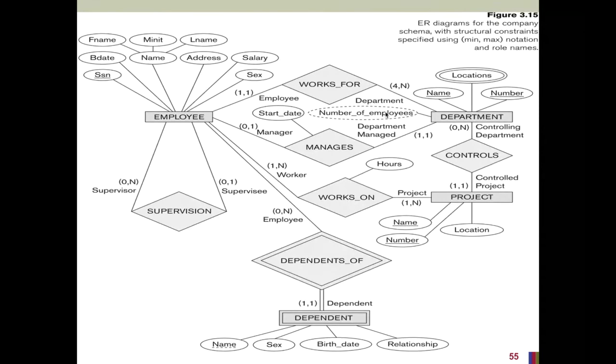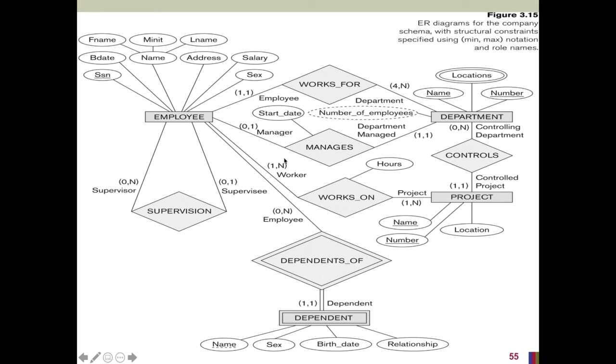After 1 month, maybe there are 10, or maybe there are 8, or maybe there are 15. So this number is changing. Whenever there is some computation or some counting, we do not store that information into database, because it will always be changing. And I told you in our last class, this attribute is called derived attribute. We do not store derived attribute. We calculate it on the runtime. So it is represented with a dotted oval. It means it is the derived attribute.